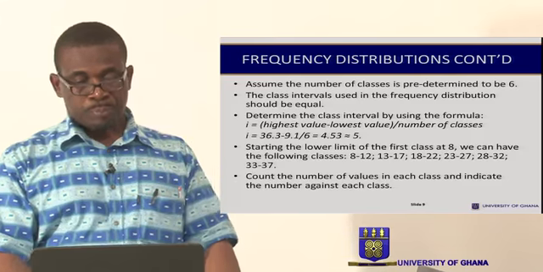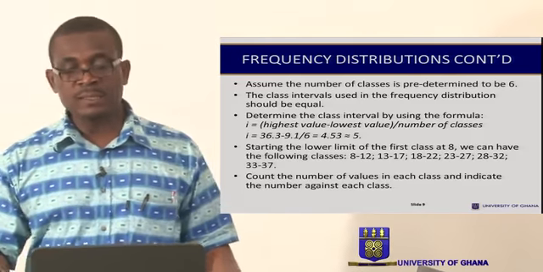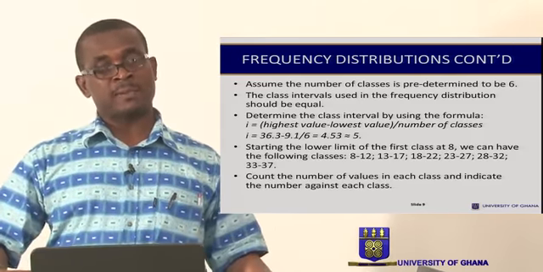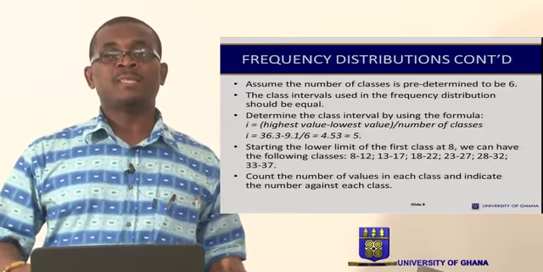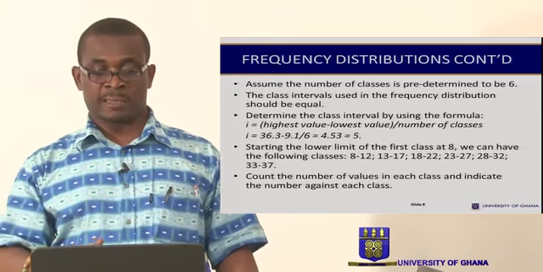So what we do is, since we should have a number of classes, sometimes you could predetermine the number of classes. So let's say we want to group them into 6 classes.